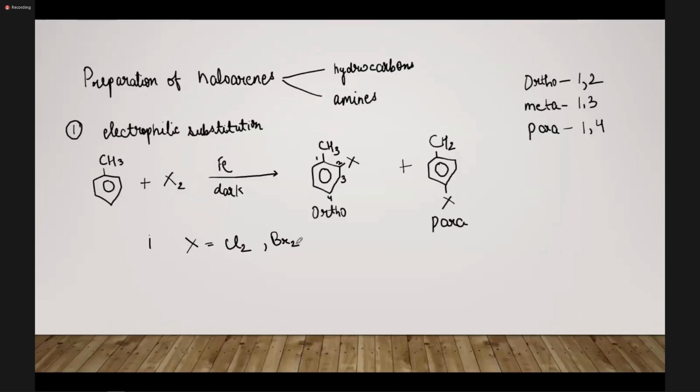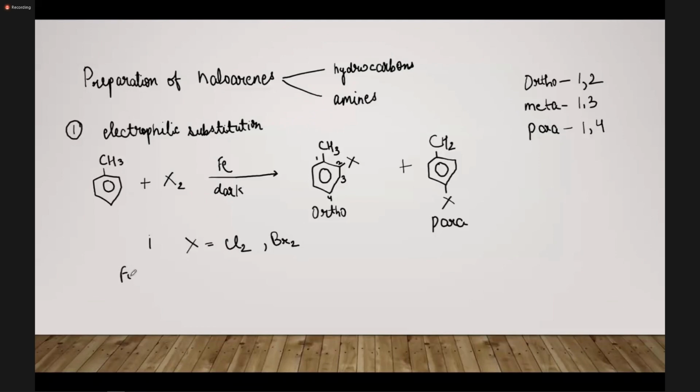Reactions with iodine are reversible, so an oxidizing agent has to be used. Here, along with iron, we need to use some oxidizing agent, only then can we obtain the product using iodine.